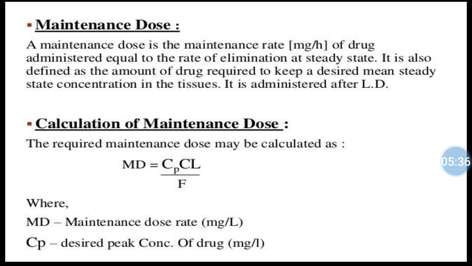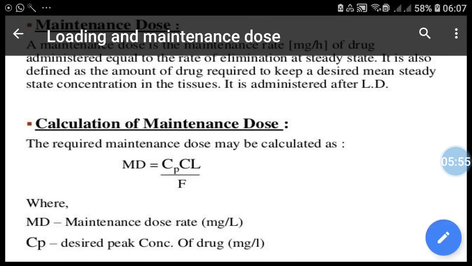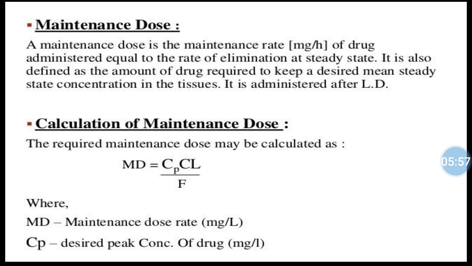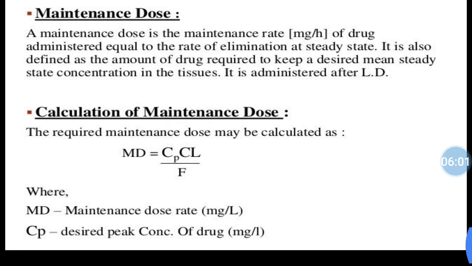The maintenance dose can be calculated by the given formula. The maintenance dose is equal to Cp multiplied by Cl, which is clearance, upon fractional bioavailability. So Cp is the desired plasma concentration multiplied by total body clearance divided by fractional bioavailability gives the maintenance dose of the drug.